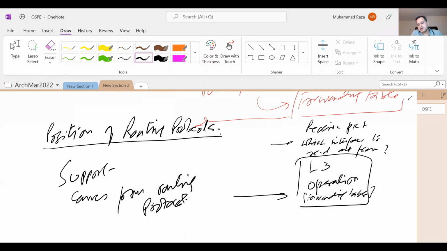If the routing protocols are not there, I would not be able to make these forwarding decisions.